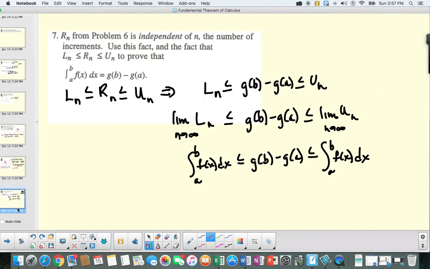All right, let's take a look at how the r sub n is independent of n, the number of increments, and we're going to use this fact. This, remember, is the Riemann sum with n, and it's going to be between a lower sum where we only choose the smallest heights in every interval, and the Riemann sum with the upper or the highest y value in the small little intervals.